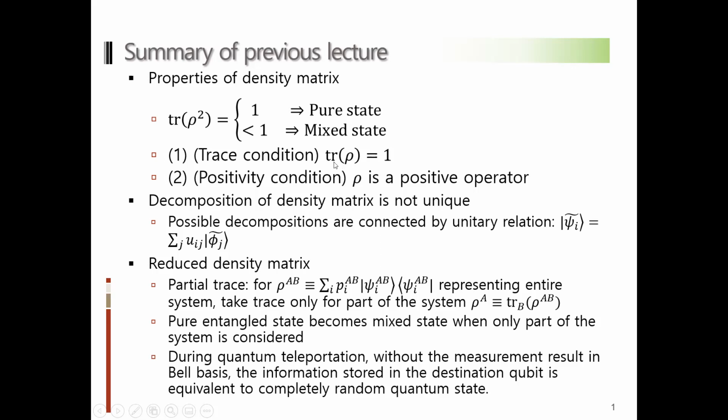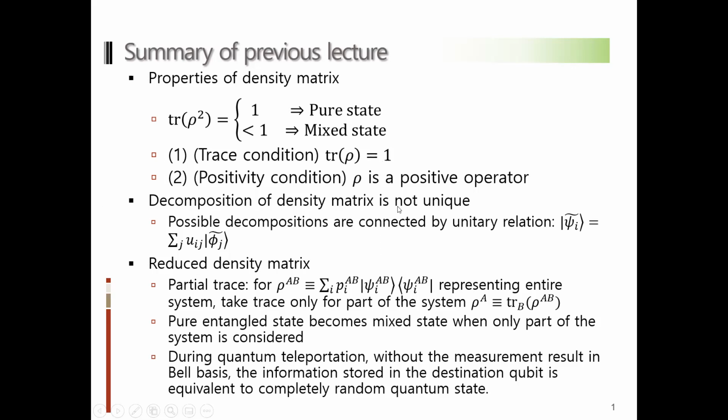The condition is that the trace should be 1, and another requirement is that it should be a positive operator. As long as you have these two conditions, any arbitrary matrix can be a density matrix, and in principle you should be able to find the corresponding ensemble of pure states.